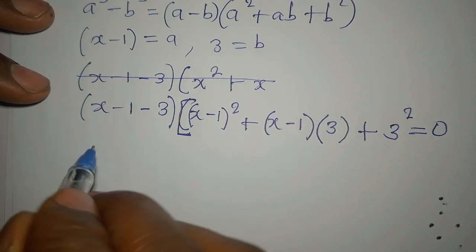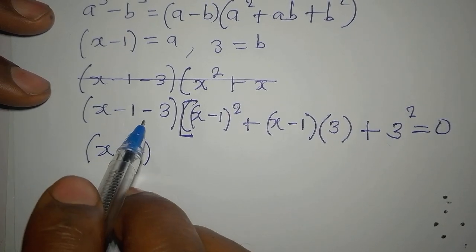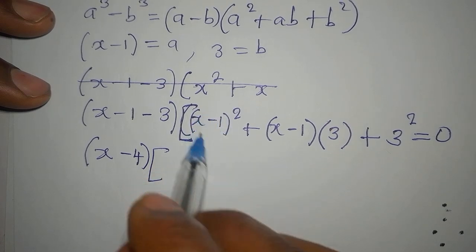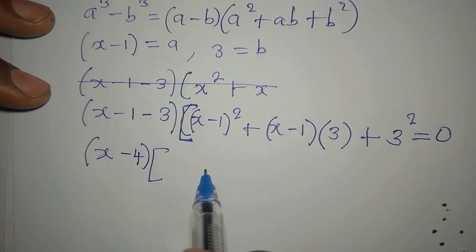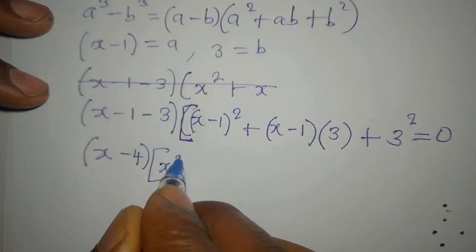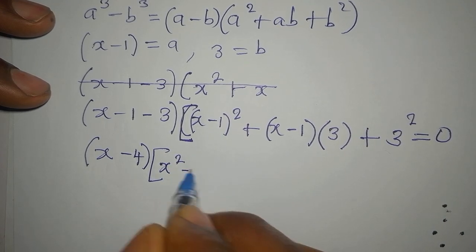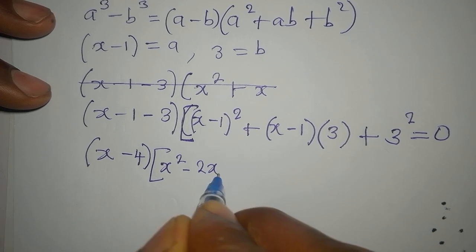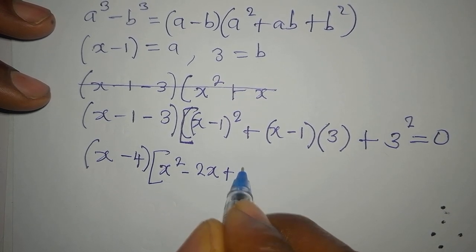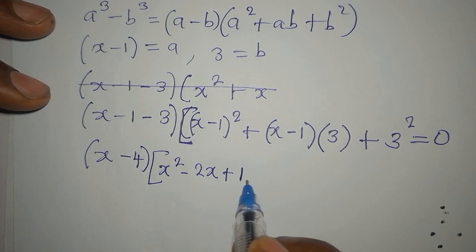Now here we have x − 4, because −1 − 3 is −4. Then I have to expand this very quickly. If I expand this, then I'll be having x squared, then minus 2x, then plus 1, although it should be 1 squared, but 1 squared will still be 1.